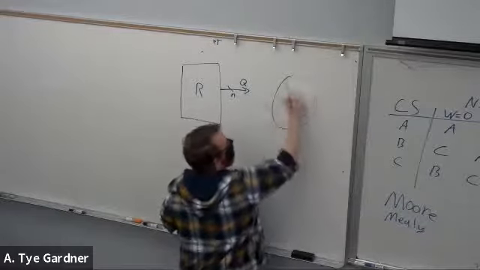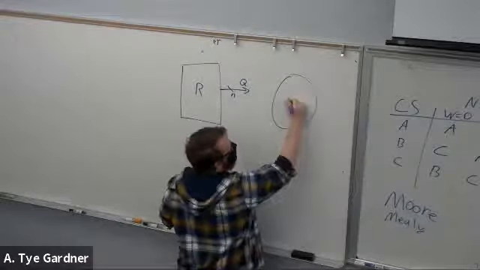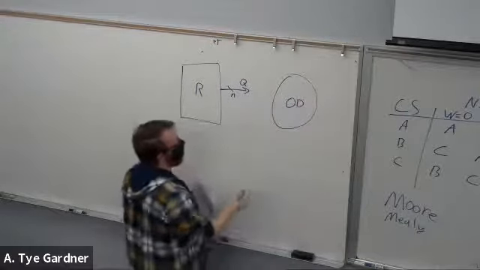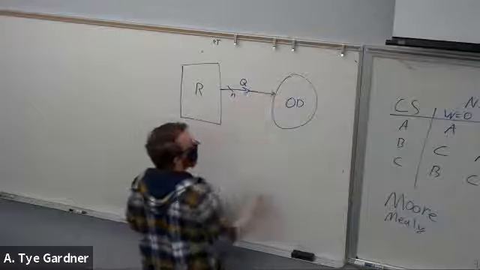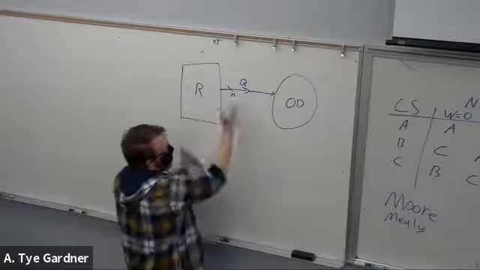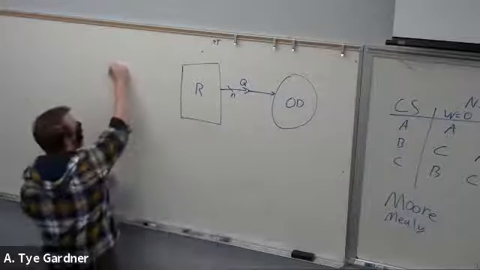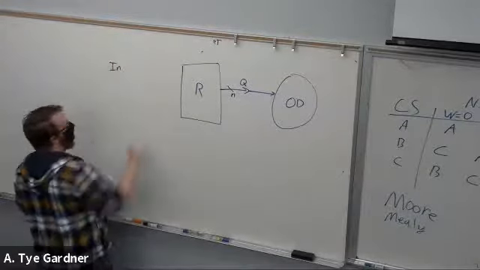We can have, and call this OD, the output decoder. That considers, well, what is Q? It also needs to consider what is the input.